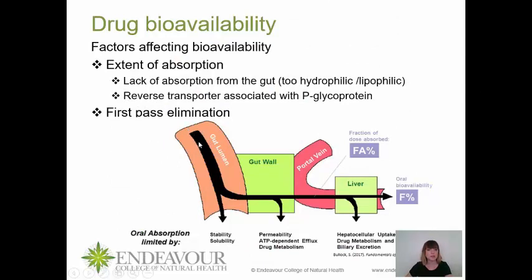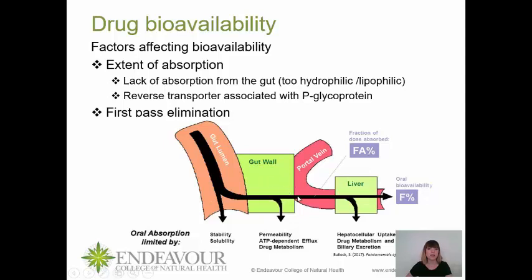Drugs in the gut lumen, some of the drugs simply won't be absorbed because of these factors that affect the extent of absorption. Of the drug that's actually absorbed into the gut, some of it might not make it into the bloodstream itself because of, say, P-glycoproteins pumping it back out again.